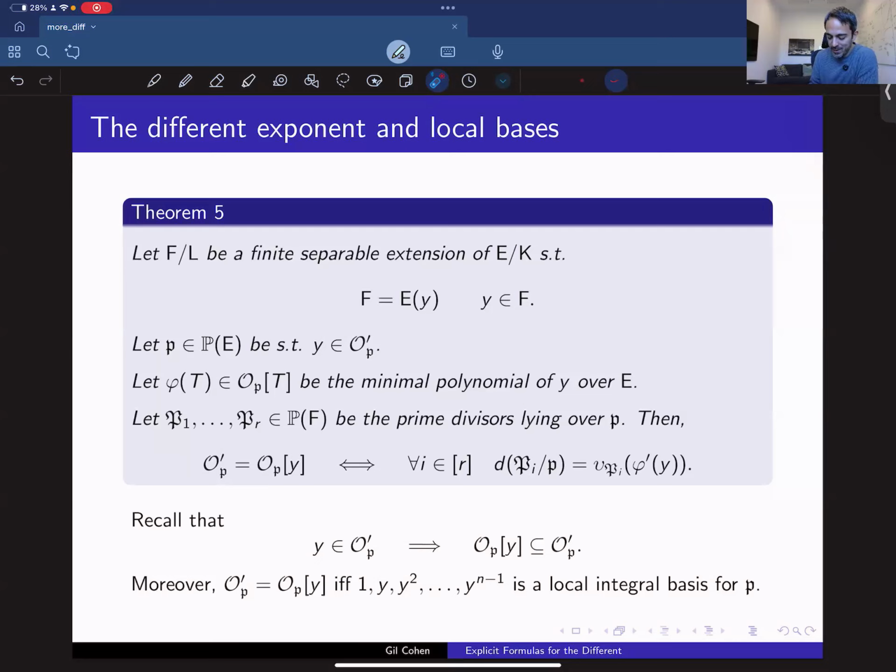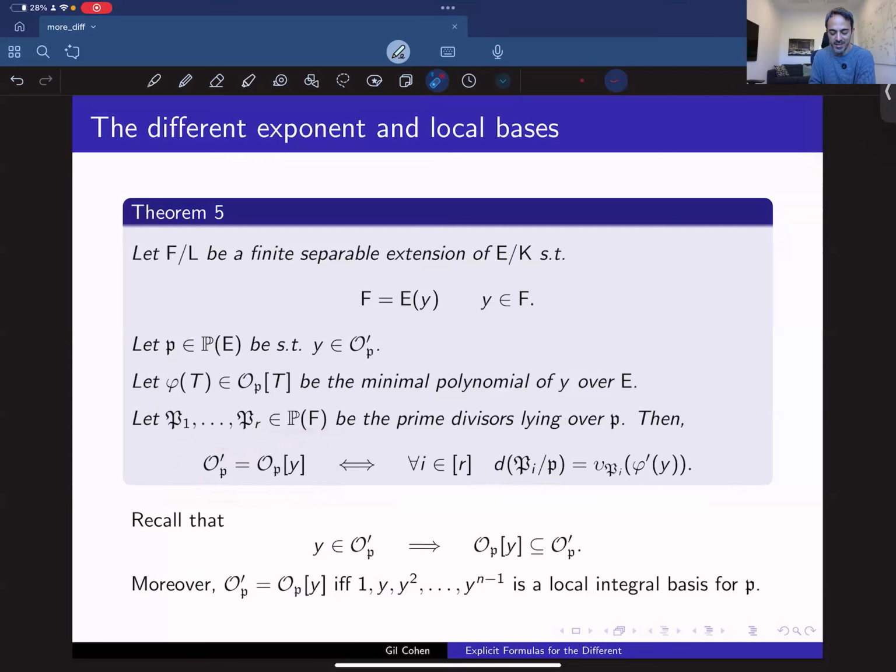Then what I'm claiming is that the inequalities that we had before become equalities if and only if 1, y, y squared, and so forth is an integral basis of F over E with respect to p. So I wrote it like that here.